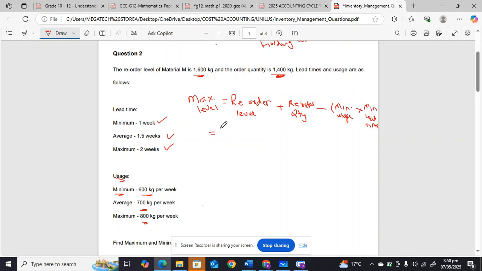So our reorder level is 1,600 kg. Reorder quantity 1,400 kg minus open brackets the minimum usage, which is 600, multiplied by the minimum lead time, 1 week. 1,600 plus 1,400, that is 3,000, minus 600 times 1, that is 600.